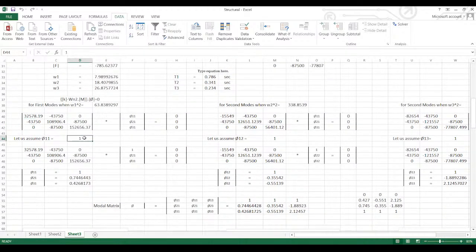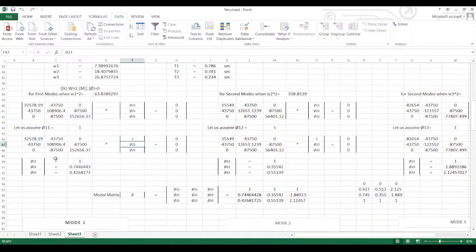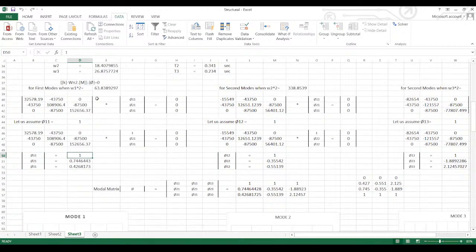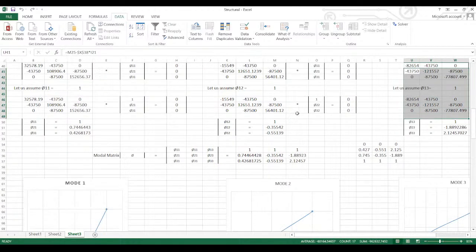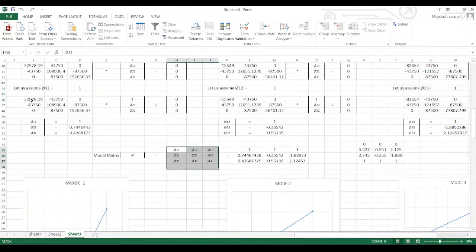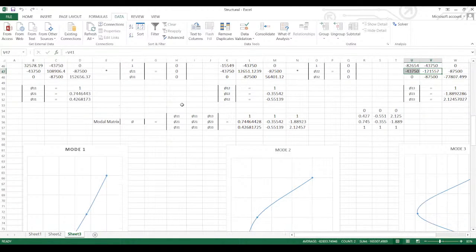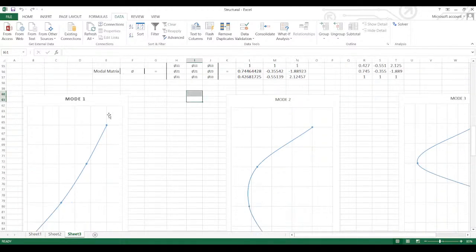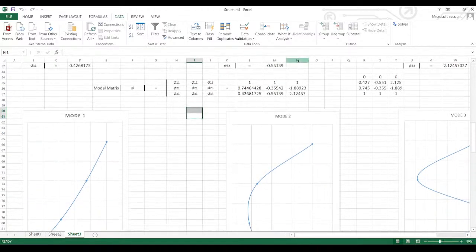We take phi 1 equal to 1, and solving these equations we get phi 11 for mode 1, for omega 1. Similarly, we calculate for the other modes, getting phi 12, phi 13, and this is also for the second and third modes. The modal matrix is the combination of all these three modes.